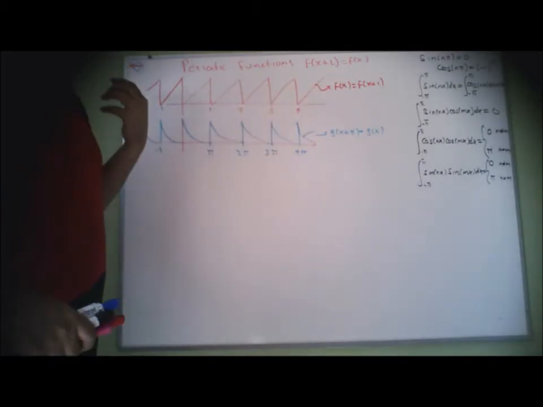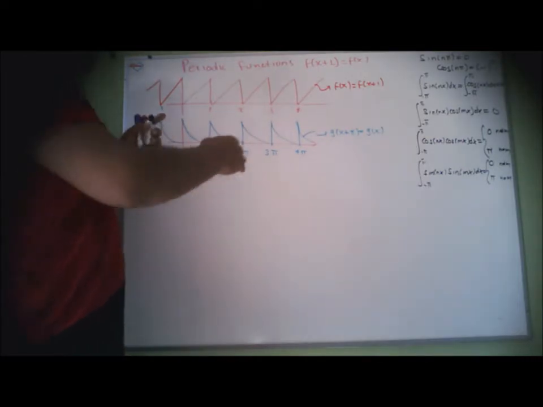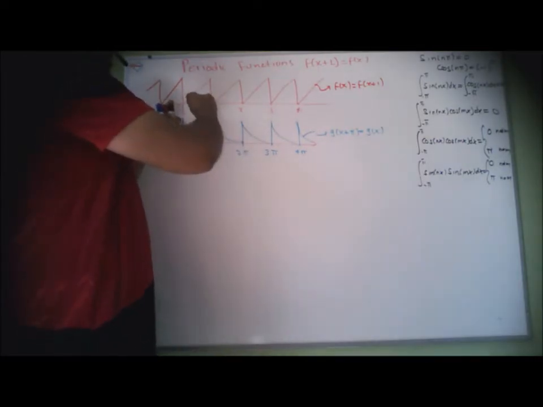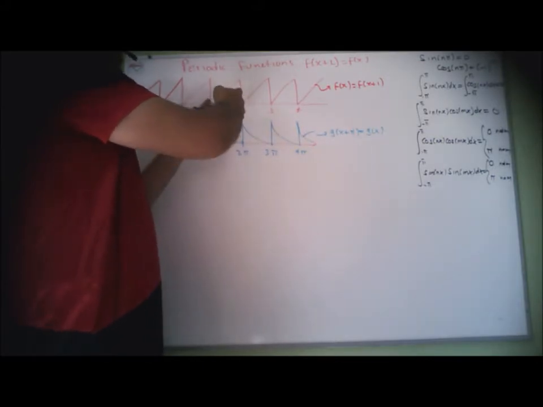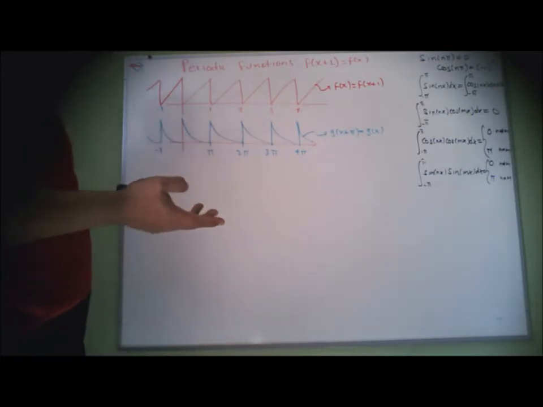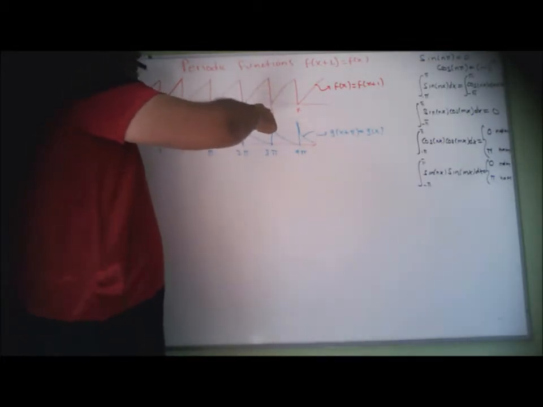Now, repeating itself is very important, because if you shift the function exactly the period of repetition, it overlaps itself. That is the definition of a periodic function: something that repeats itself a certain amount of time.